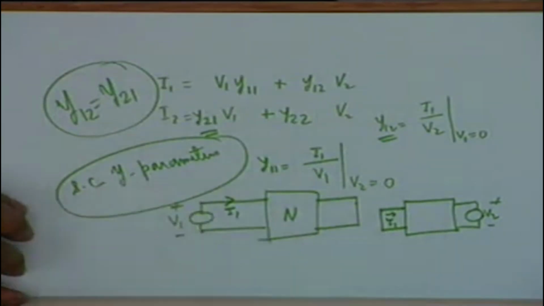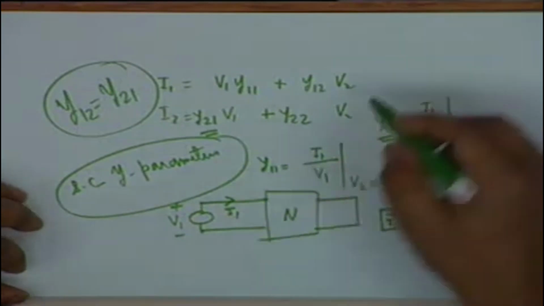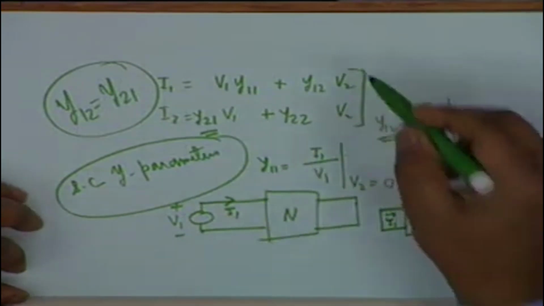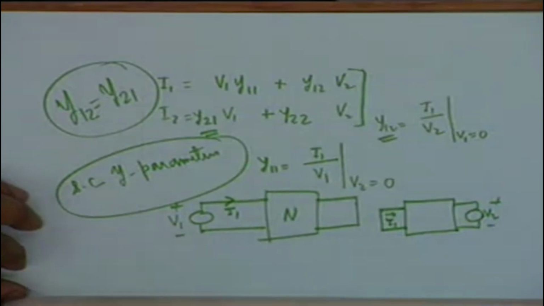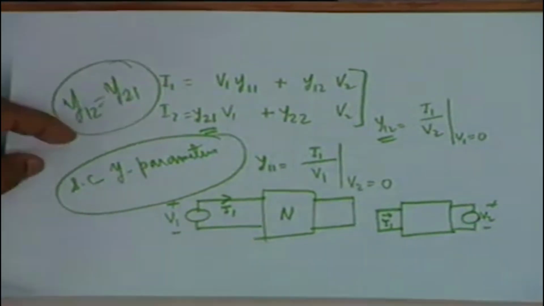Under this condition one can draw a very simple equivalent model for the two equations, and that model by duality shall now look like a pi instead of a T.